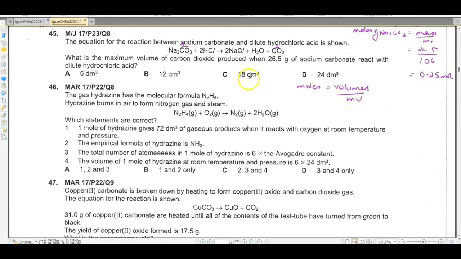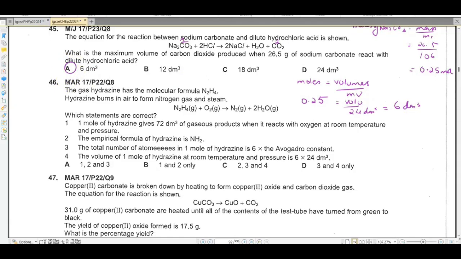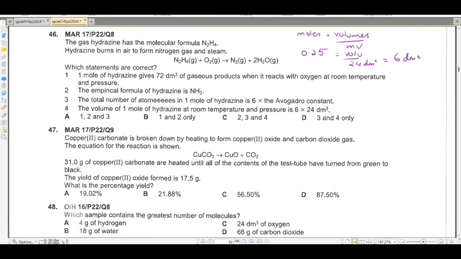Since the answer is in decimeter cubed, we are going to use a value of 24 decimeter cubed. So 24 decimeter cubed times 0.25 is going to give us a volume of 6 decimeter cubed. So A is our correct option.